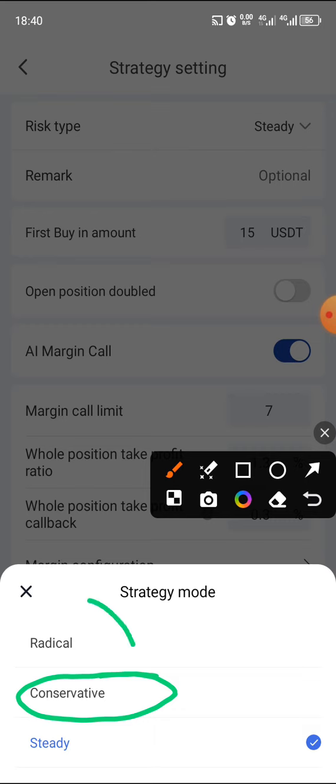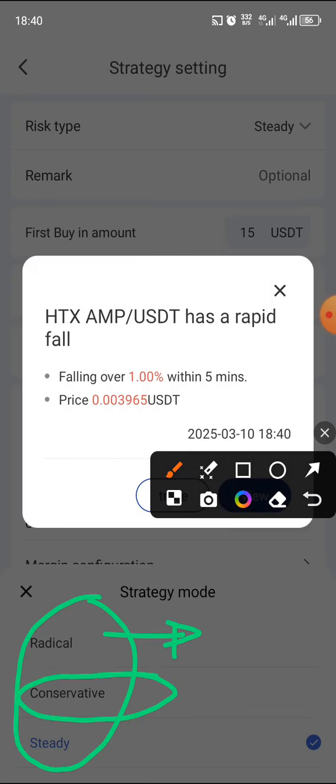Now, what do those strategy modes mean? With radical, your robot will be putting in your money at a high, fast rate, meaning it will be putting more of your money into the market at first. When you come to conservative, it will be putting in more money but less compared to the radical mode.